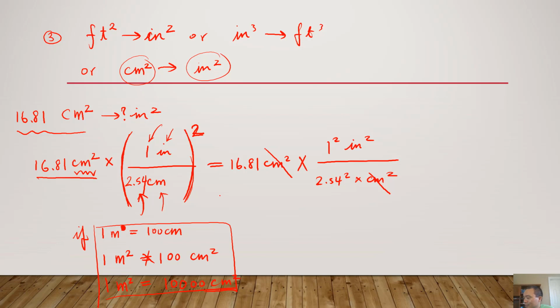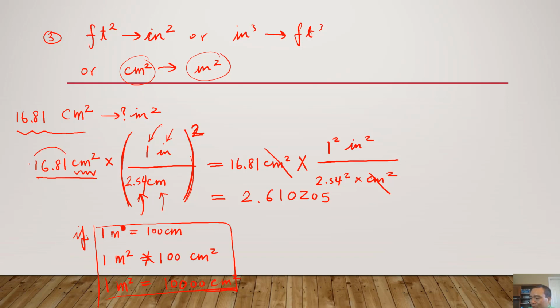So the calculator gives you 2.610205. But do remember again, 2.54 is not 3 sig figs because it is an exact number. It has unlimited number of sig figs.